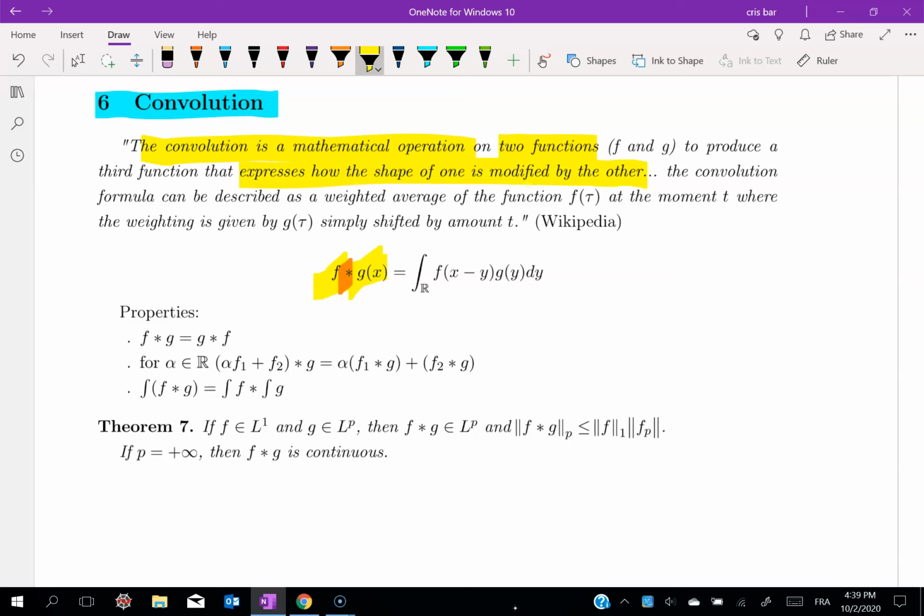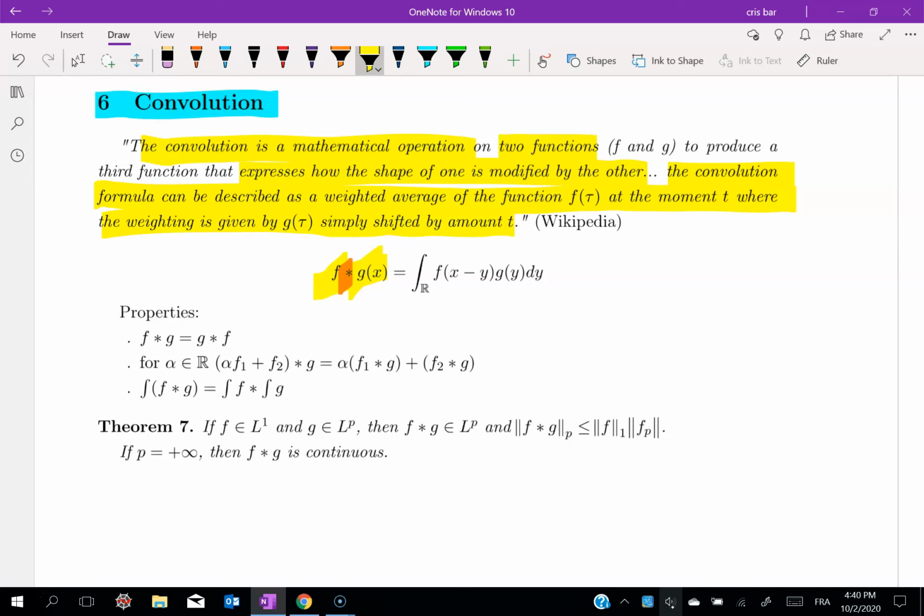This seems a bit vague for the moment, and we will see on some specific examples how it can make a bit more sense. But let's refine that a bit. The convolution formula can be described as a weighted average of the function f at some moment, where the weighting is given by the other function, simply shifted by the amount t that we are looking at.